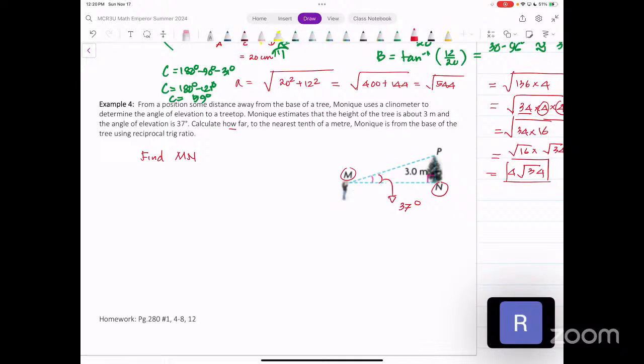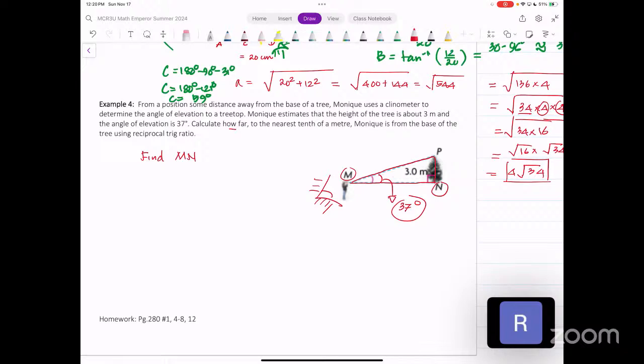Okay, who has the answer? What ratio of trig can you use to find the distance? You need to find M and N, isn't it? What do we know? The angle 37. I will keep my eye here. When I keep my eye here, I ask myself, for that angle, what is MN related to?